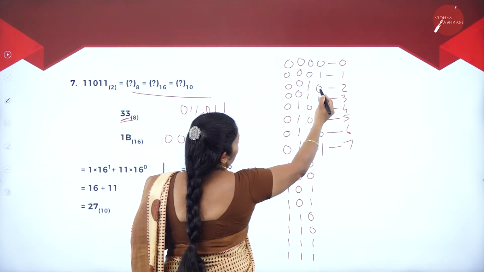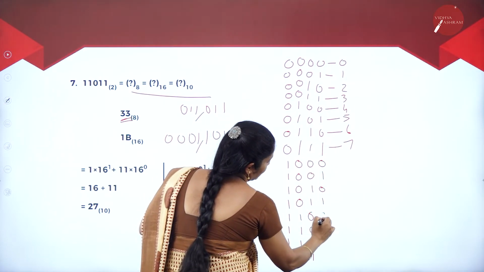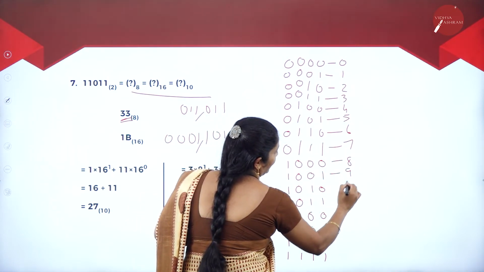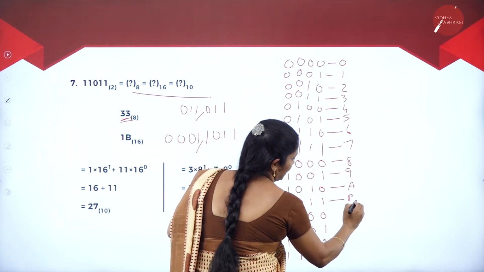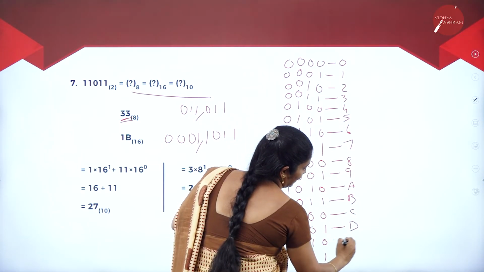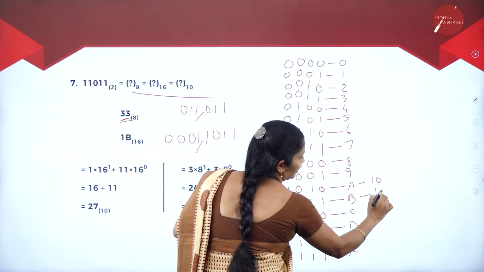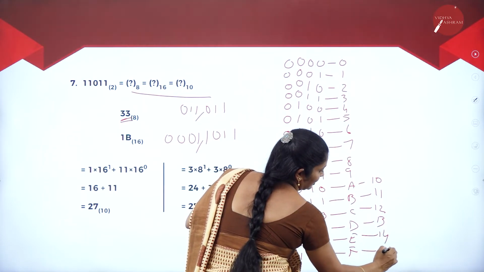Then 0, 1 alternating. Now after 8, 9, in the place of 10, write A, B, C, D, E, F. Now A represents 10, B represents 11, then 12, 13, 14, and this is 15.